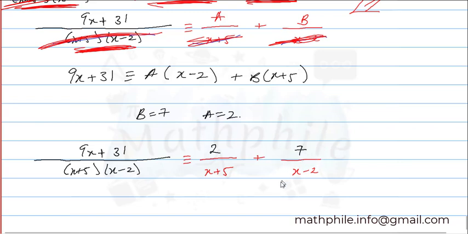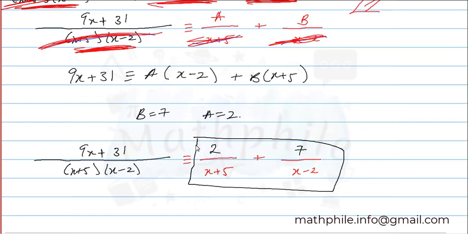Let's check the question we solved and see if this indeed was the question. The question we solved is 9x + 31. Was it the question? Yes, sir.